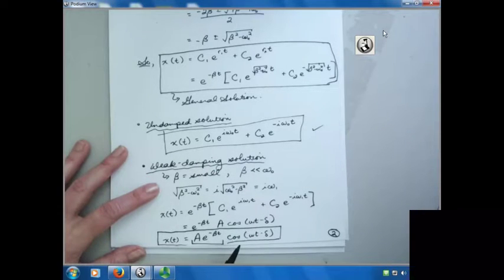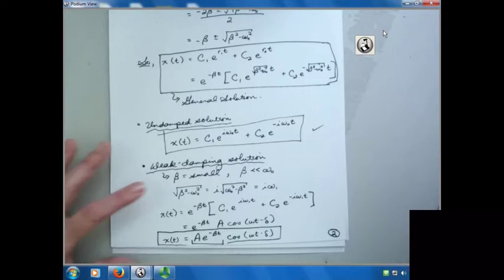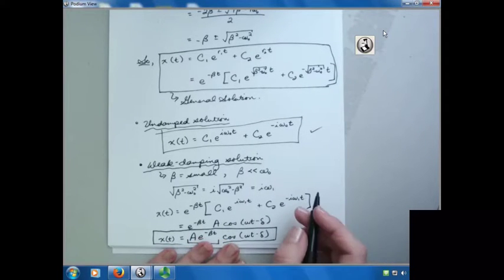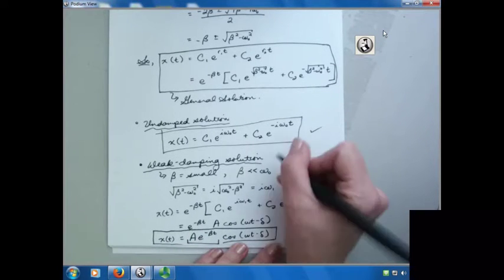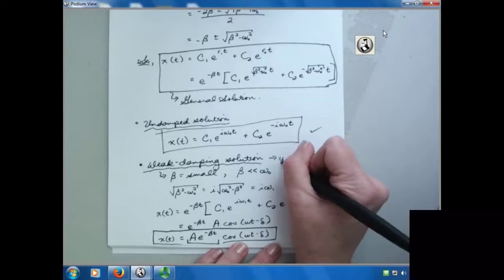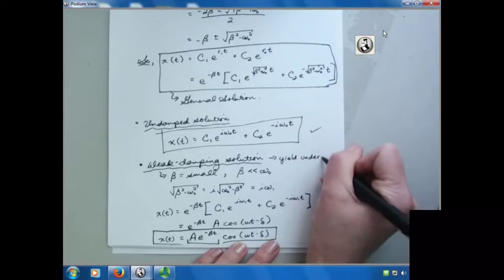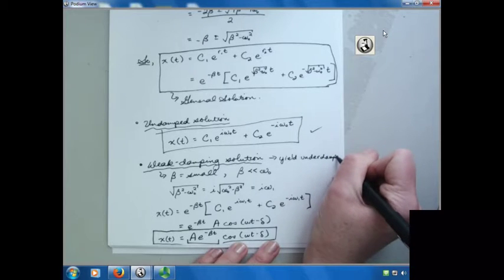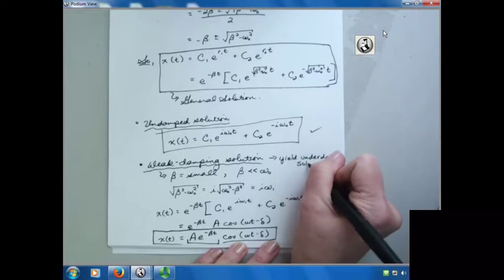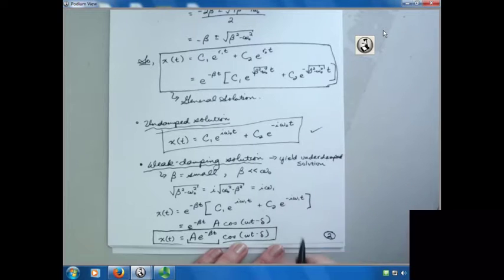This is also called the underdamped solution. So we'll just say weak damping. I'll go ahead and note here that this is going to yield the underdamped solution, which is here. Okay.